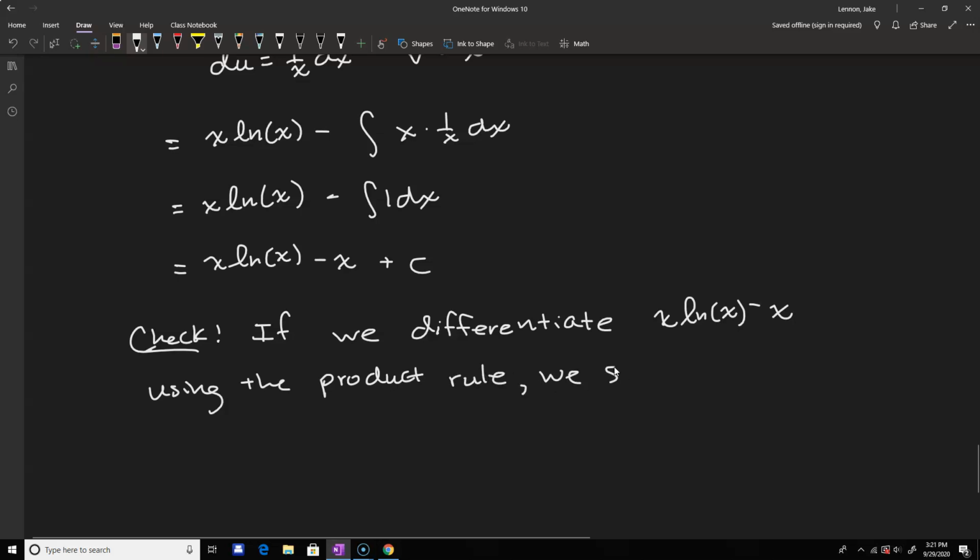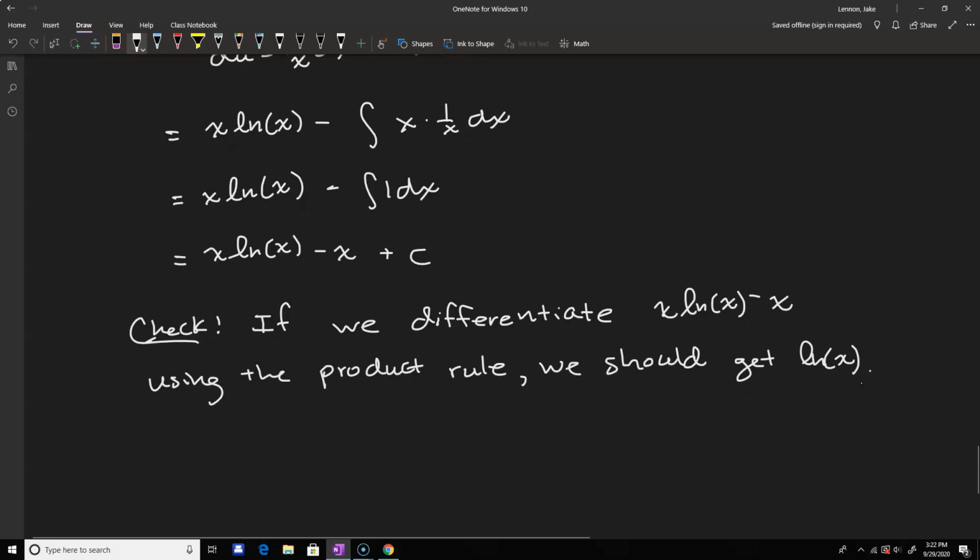We should get just the natural log of x. I'll leave that for you to check, but if you differentiate that quantity, you should get exactly the natural log of x back. So that's it for integrating the natural log of x.